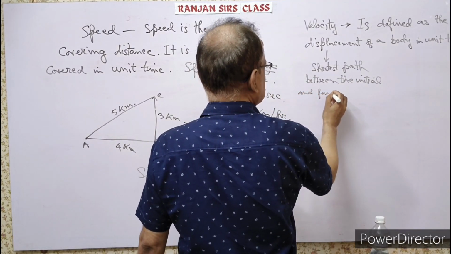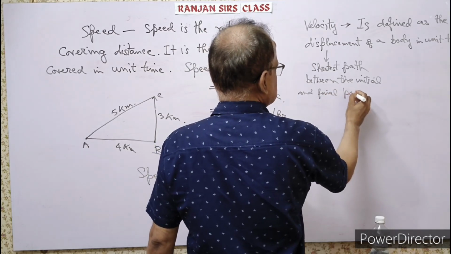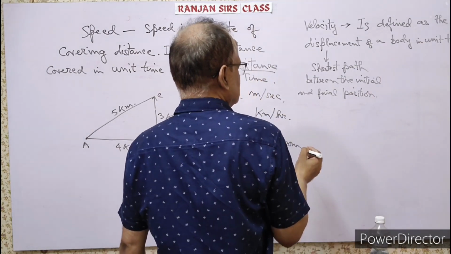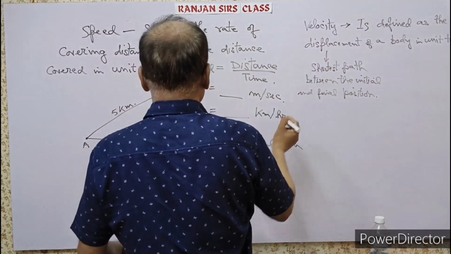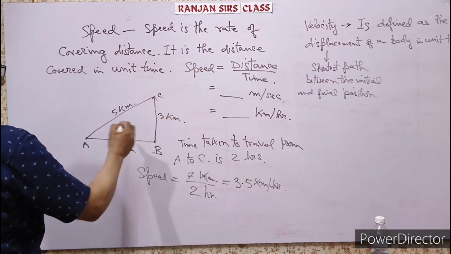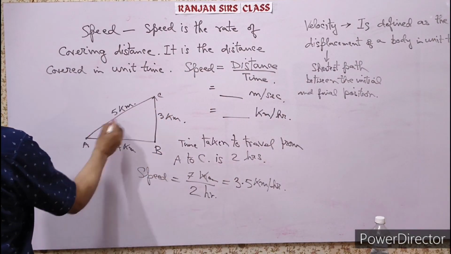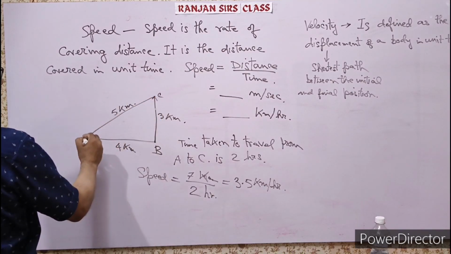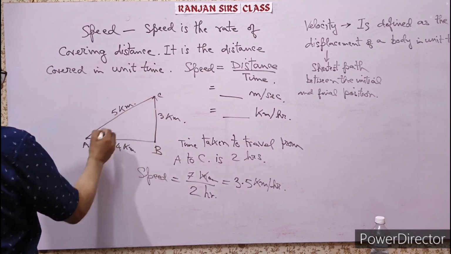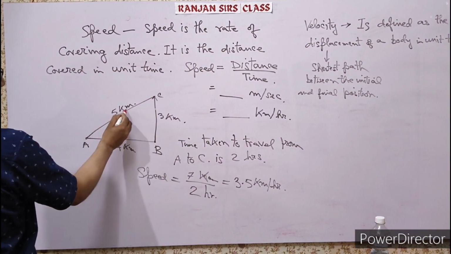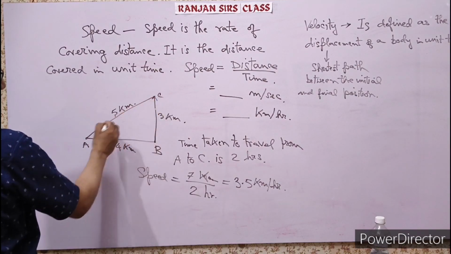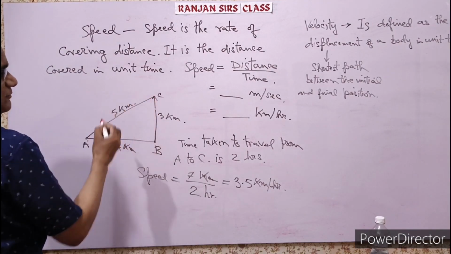In this case, initial position was A and final position is C. So what is the shortest distance between A and C? The shortest distance is always the straight line between the 2 points, isn't it? So the actual displacement of the body has been 5 kilometers. That is the shortest path from the initial point to the final point.